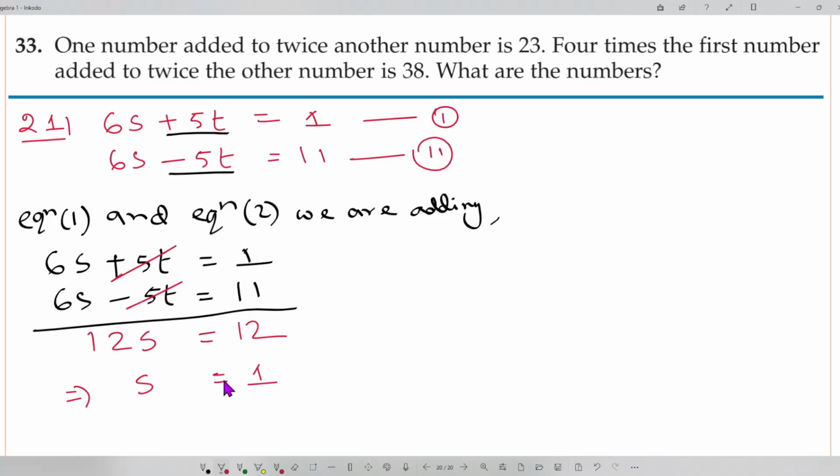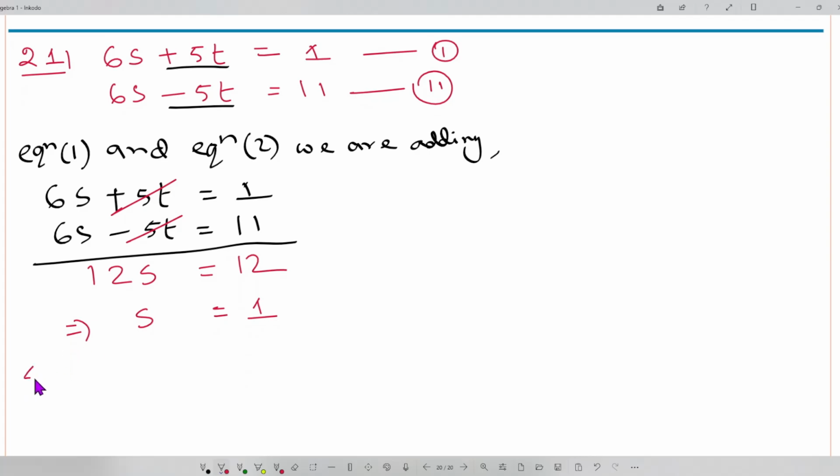Now we will substitute this 1 into any equation. So we can write, substitute s equals 1 into equation 1.